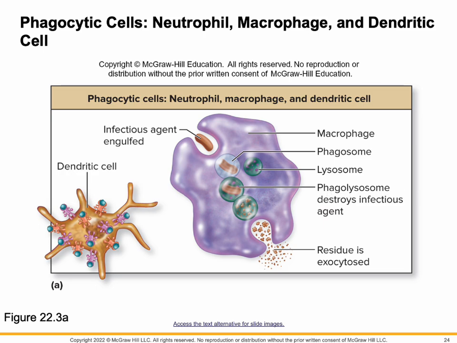So essentially, the chemicals and the enzymes in the lysosome are going to fuse with the phagosome, break down the pathogen. So in this case, some type of bacteria, some type of virus or something, destroy that agent, and then that remaining portion is going to be exocytosed, right, and released out of the cell, right?